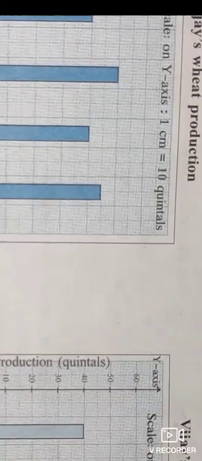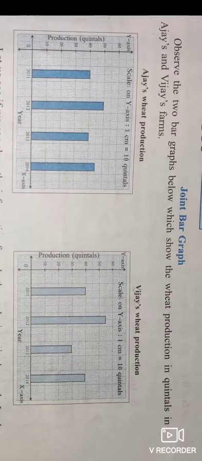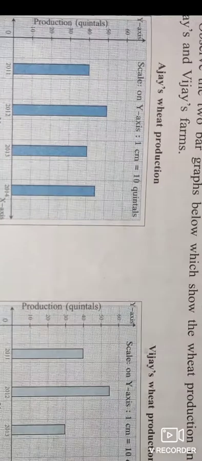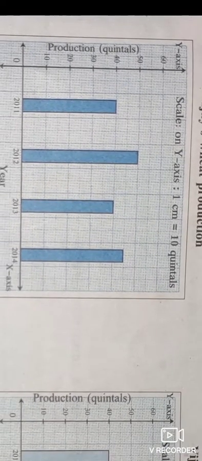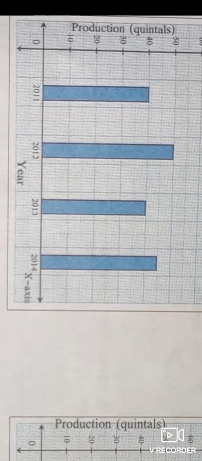Here is Ajay's bar graph. If you see here, you will notice the production in quintals. Ajay produced 40 quintals in 2011. Then in 2012, how much had he produced? 50 quintals. Then in 2013, he produced 40 quintals.